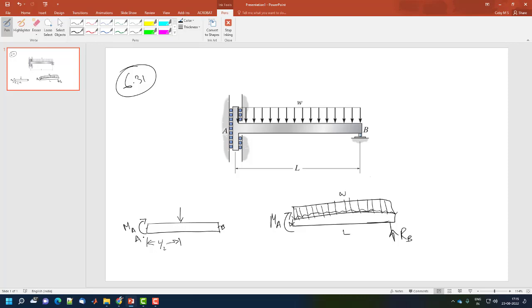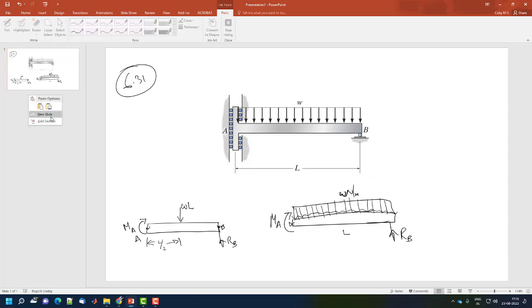A and B, and this is RB. What will be the concentrated load? W into L, because W is in Newton per meter, the load intensity. So load intensity into the length upon which it is acting: W into L, acting at the center.